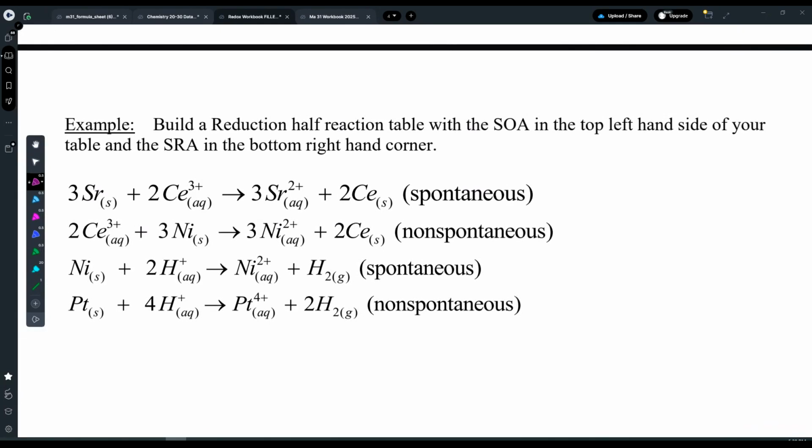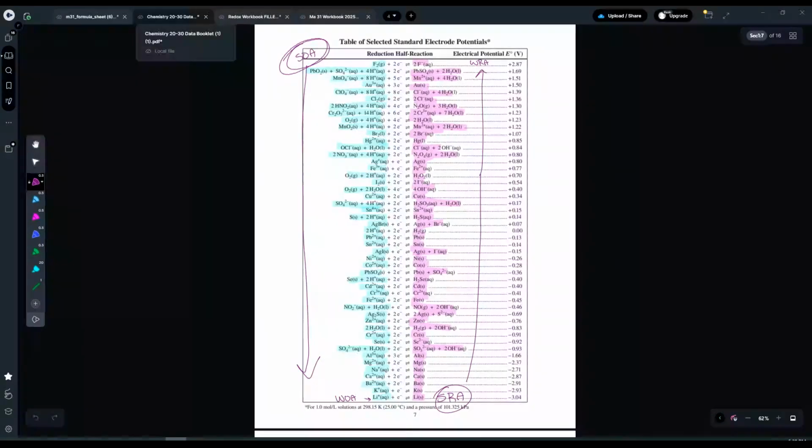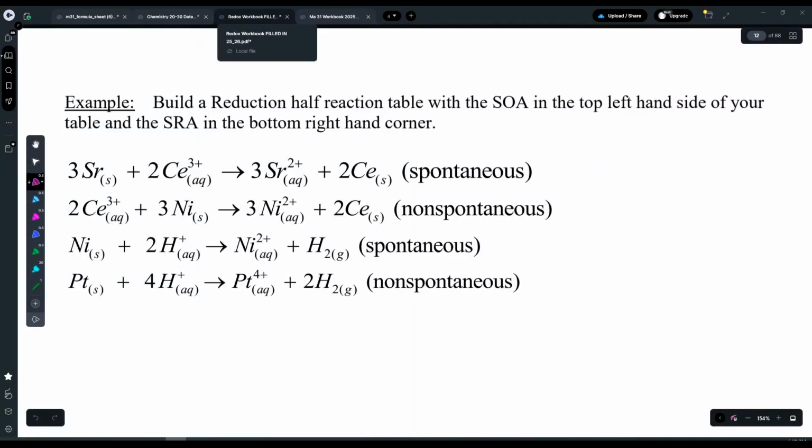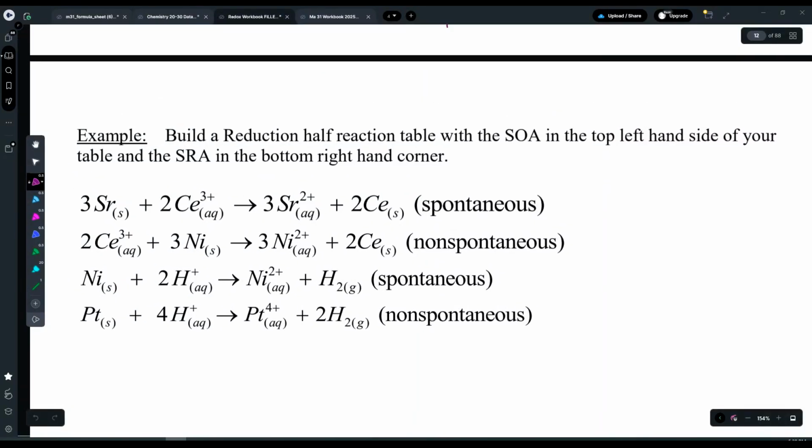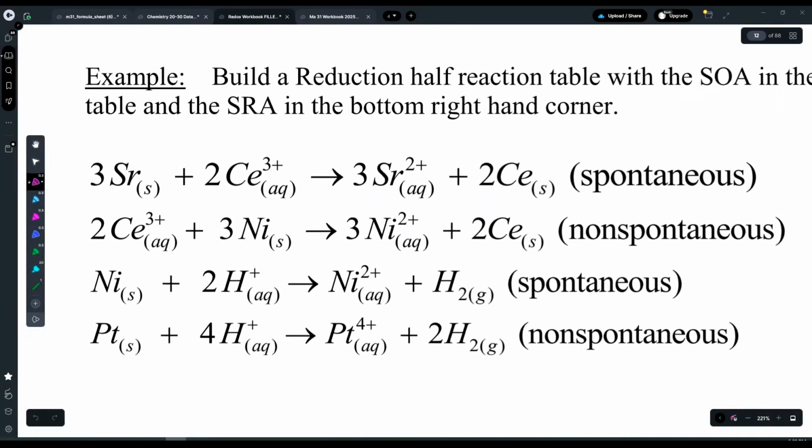Now, if you're thinking to yourself, wait a second, in our data booklet we have a reduction half reaction table already. Can't I just take the reactions from here and use that to build my redox table for this question? No, because most of these you're not going to see in the redox table in your data booklet. So most of these reactions will not be there.